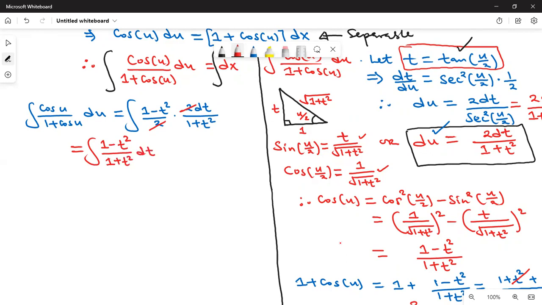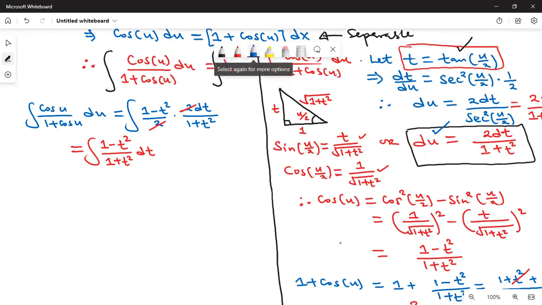The question is, how do you integrate this? In the numerator, it is a polynomial of degree 2. The denominator is a polynomial of degree 2. When the degree of the polynomial in the numerator is the same as the degree of the polynomial in the denominator, first of all, use the long division process to simplify the integrand.